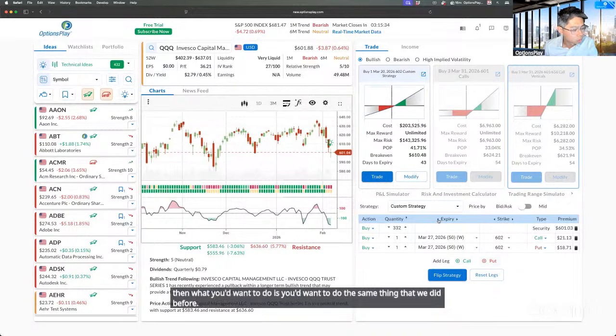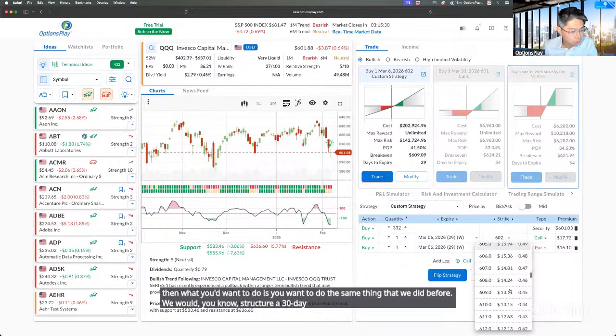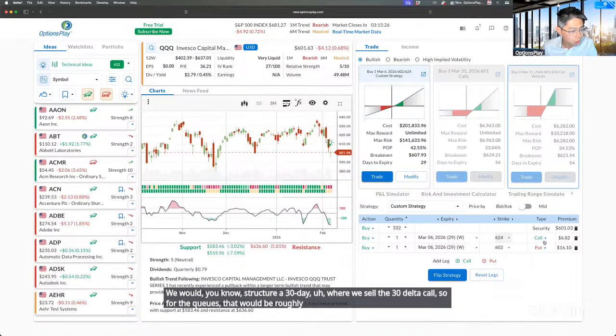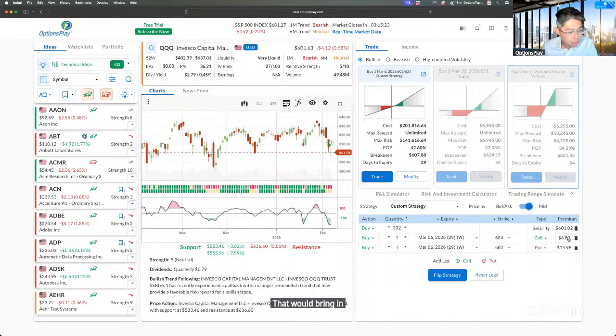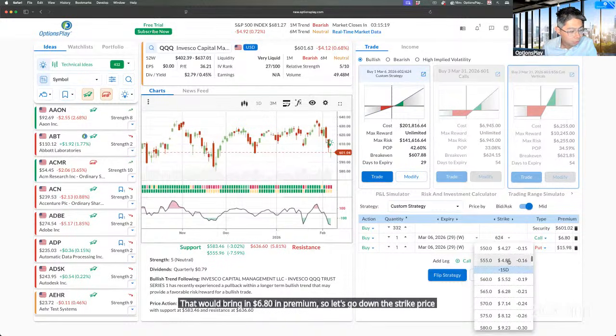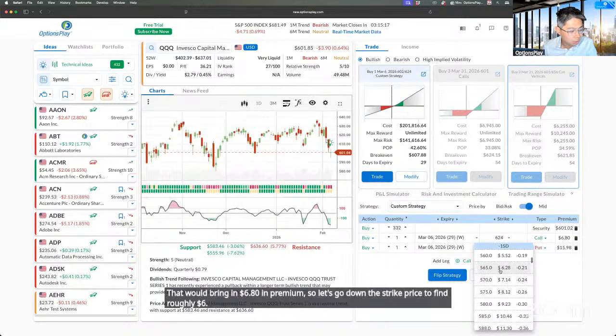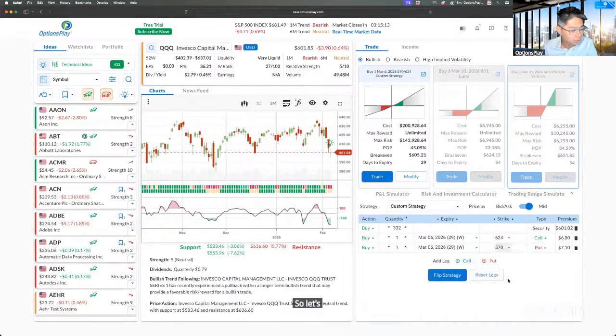We would structure a 30-day where we sell the 30 delta call. So for the QQQs, that would be roughly 624. That would bring in $6.80 in premium. So let's go down the strike price to find roughly $6.80. That would be somewhere between the 570, 565s. So let's say we go with the 570s.